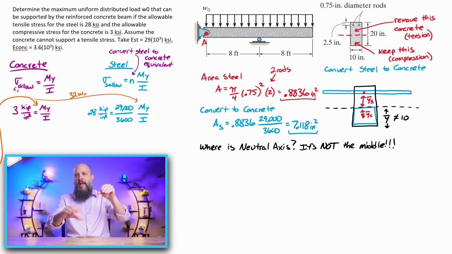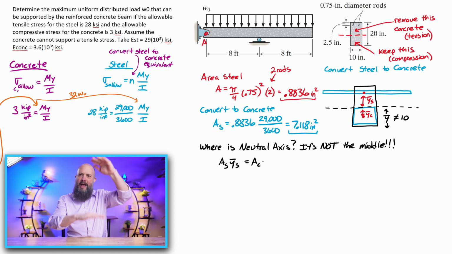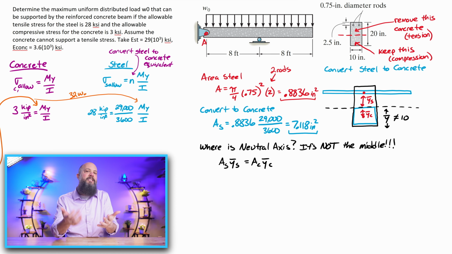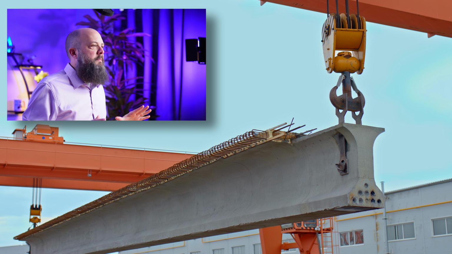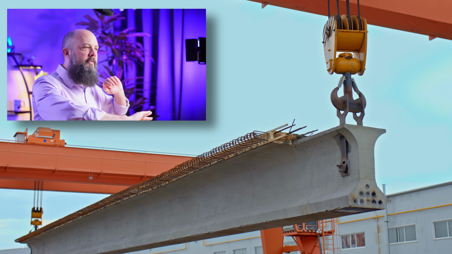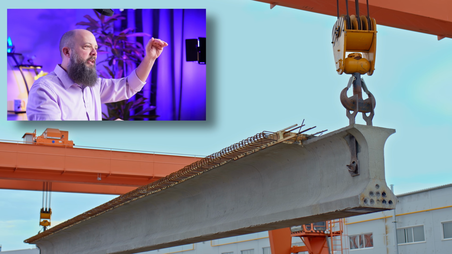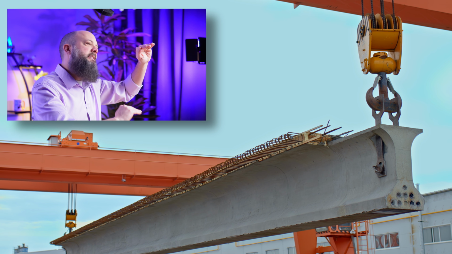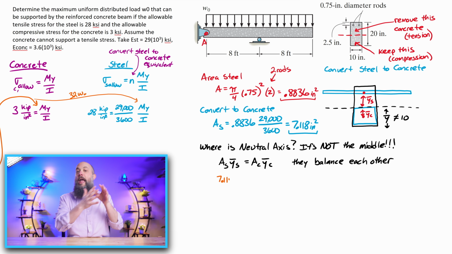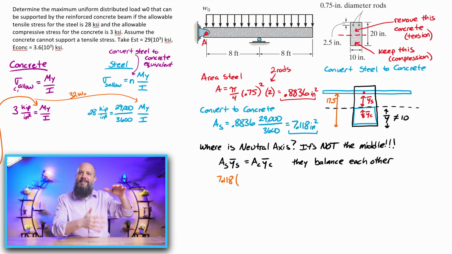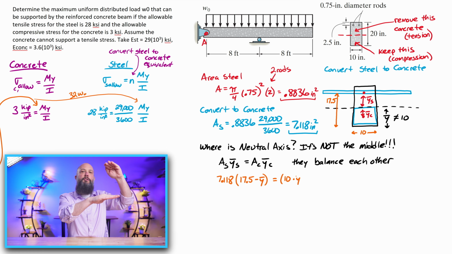We'll have the bottom half of concrete and the steel equivalent of concrete, and we have to balance those 2 pieces against each other. That is where the neutral axis will be. All right, so the bottom half of concrete and the top half of steel have to balance each other. Area times distance will equal area times distance. So the area equivalent of steel, the 7 inches squared of equivalent concrete, times the distance, 17.5 minus the neutral axis.